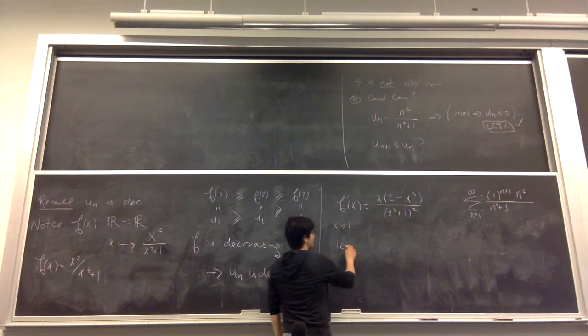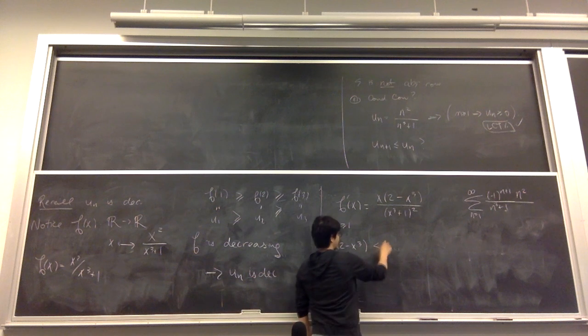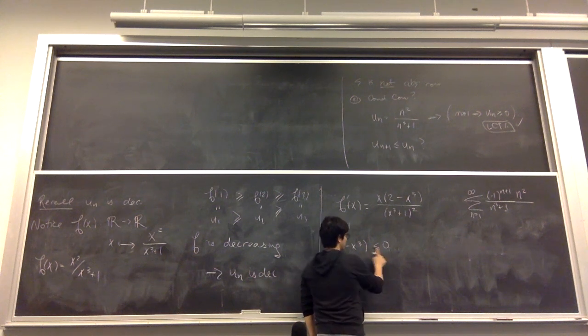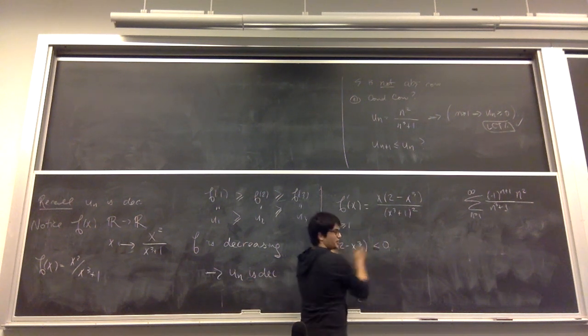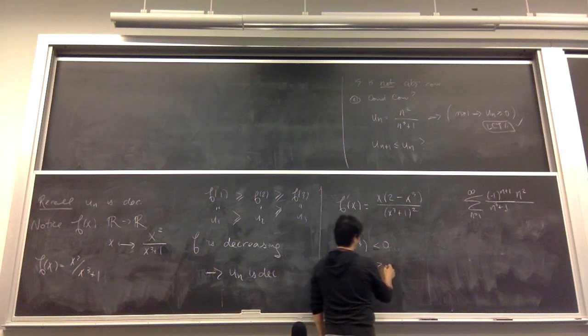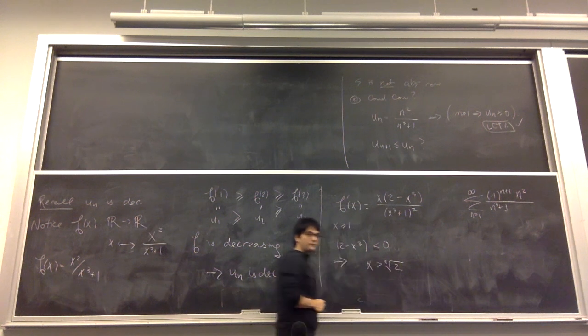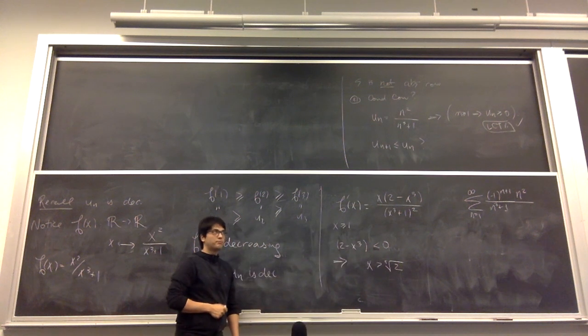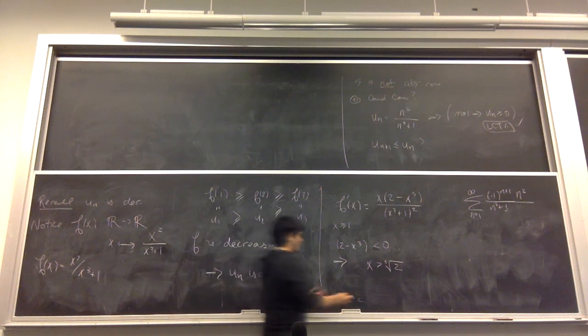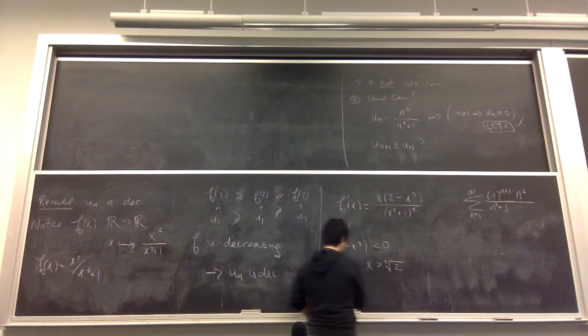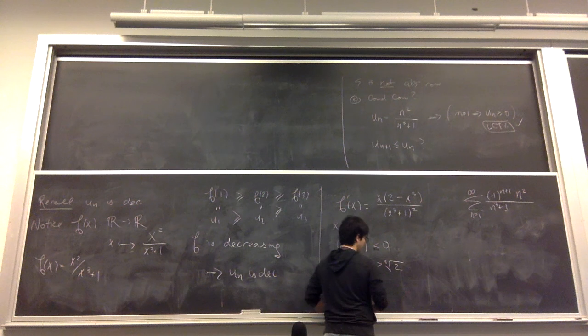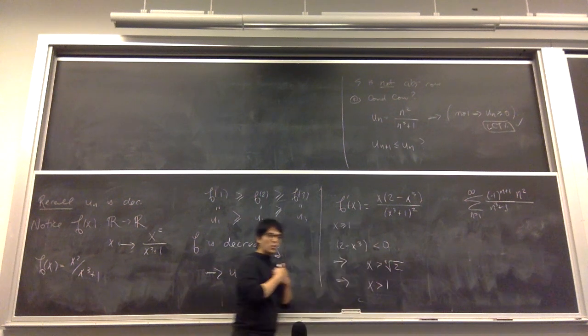When 2 minus x cubed is less than or equal to 0, then we know that this function is decreasing under these conditions. So these conditions say this is when x is bigger than the cube root of 2. Cube root of 2 is not 2. So I can just say basically, as long as x is greater than 1, we are decreasing.